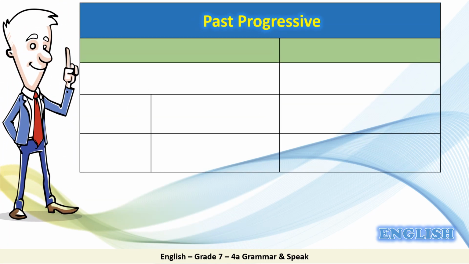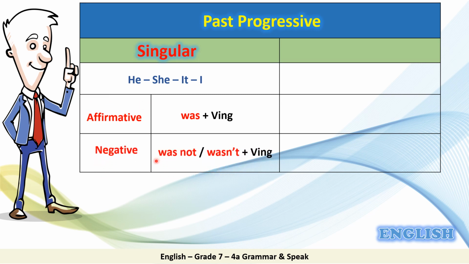In this slide, dear students, we will go through the formation of the past progressive in detail. For singular, he, she, it, and I, we use was, followed by the ing form of the verb in the affirmative form. And we use was not or wasn't, followed by the ing form of the verb in the negative form.